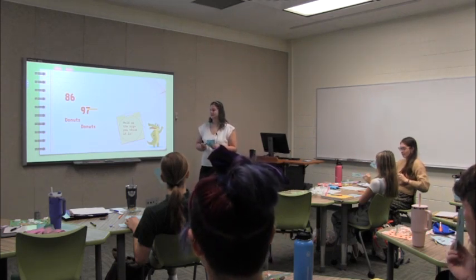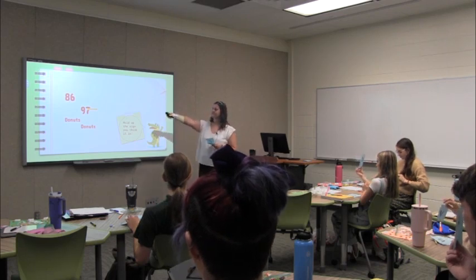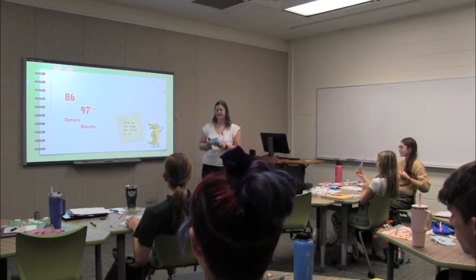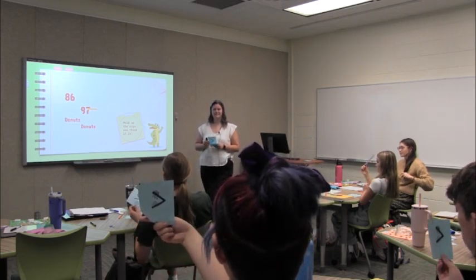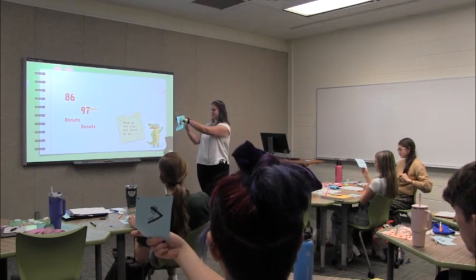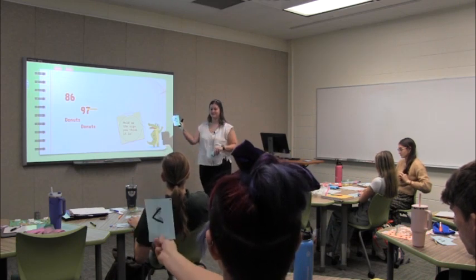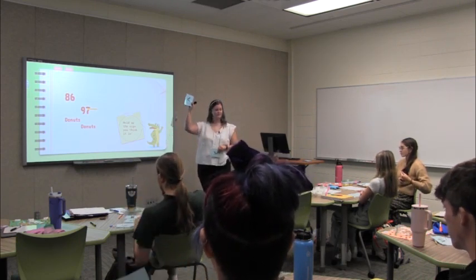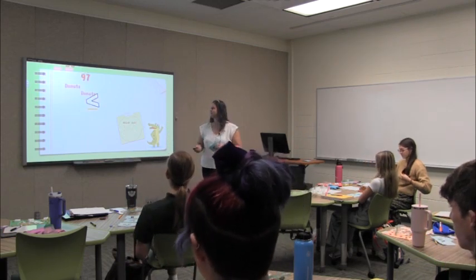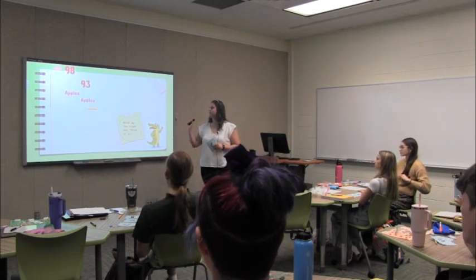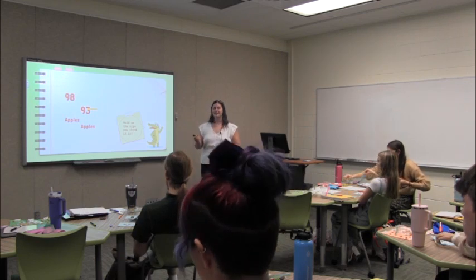Okay, let's look at that one more time. 86 is going to be on this side, 97 is going to be on this side. So which card are we going to hold up? Less than. So we want to make sure that we see that L in Mr. Alligator. Okay, everybody hold their card one more time. Less than. Good job. All right, and would he rather have 98 apples or 93 apples?